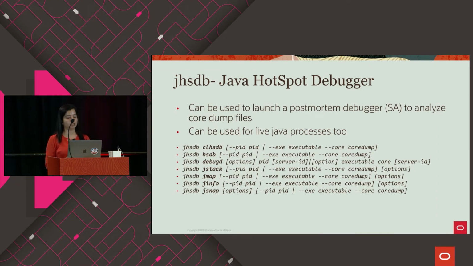The underlying debugger used by this utility is the serviceability agent, and it uses the serviceability agent to analyze and look at core files. Now the different commands that can be used with this utility: CLHSDB, which can be used to launch the command line HotSpot debugger; HSDB, which can be used to launch the GUI based HotSpot debugger; and debugd, which starts a remote RMI server through which JHSDB can connect to remote applications.